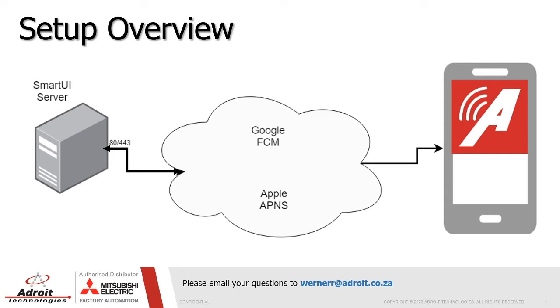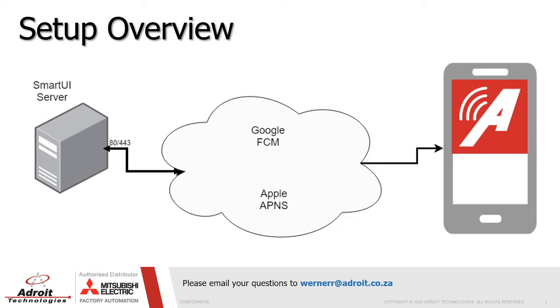So as far as the IT infrastructure goes, you basically just have your Smart UI server that needs to have access to the internet for this to work. We just communicate through your HTTP ports out onto the internet. What we've done to try and help the safety and security of the system is the Smart UI server is always the one initiating the communication to the internet.